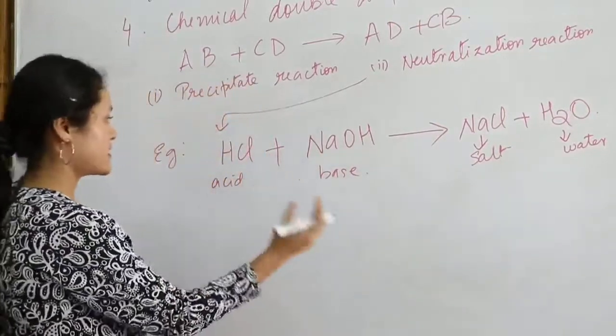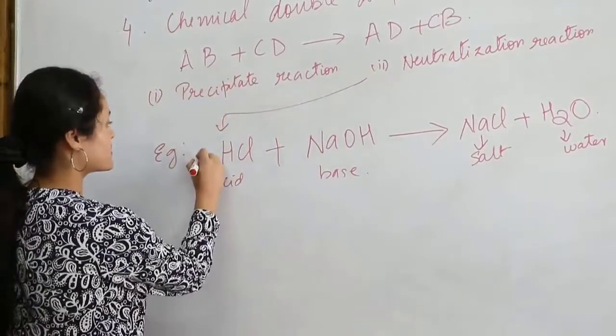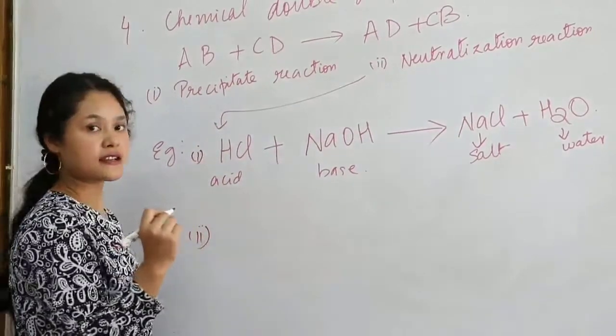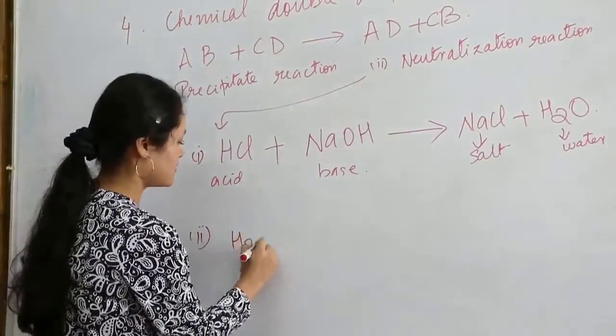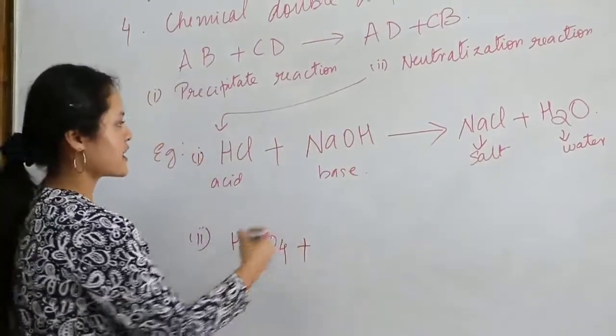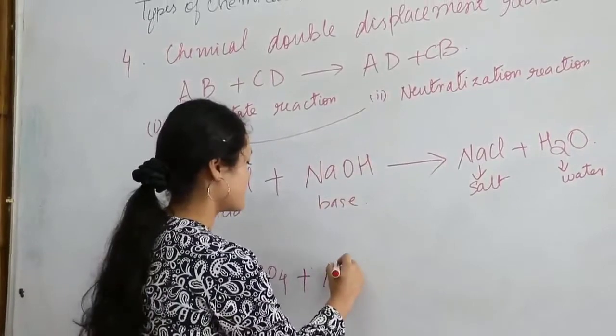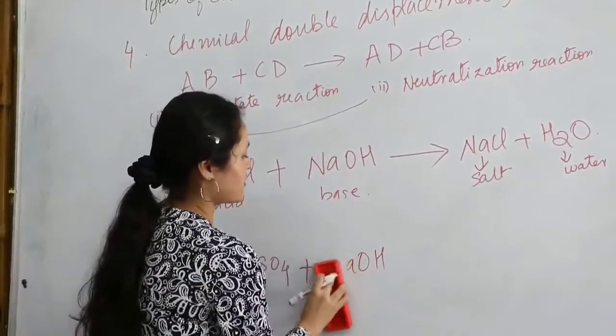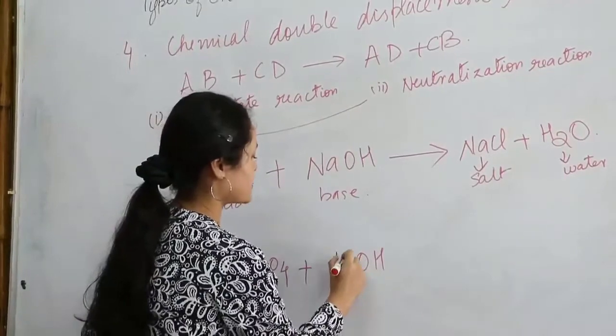Let me give you another example of a neutralization reaction. Say you take the acid, sulfuric acid, and you let it react with a base. You can take any base, like potassium hydroxide. So I'll take potassium hydroxide.